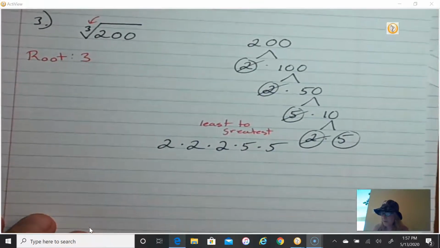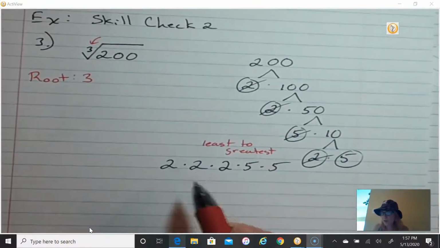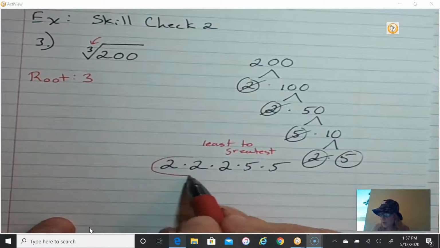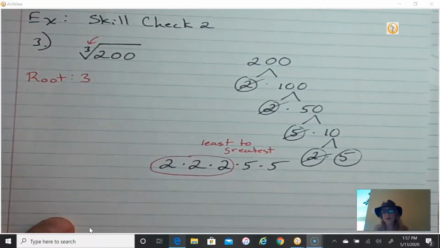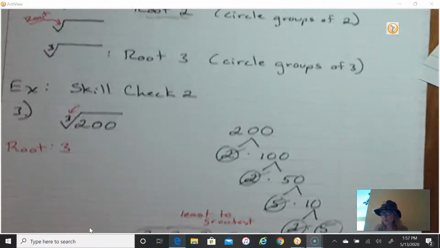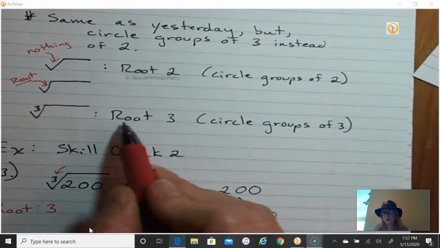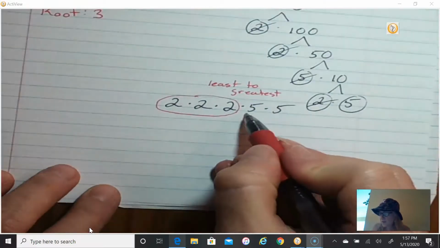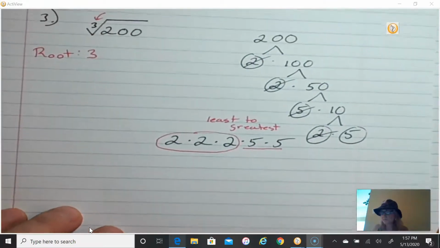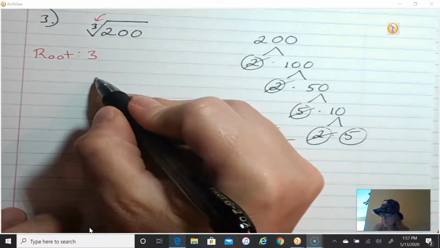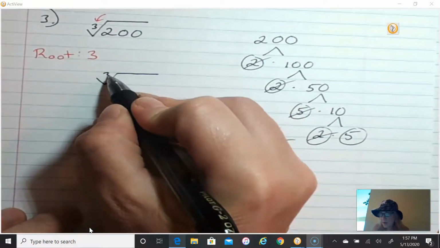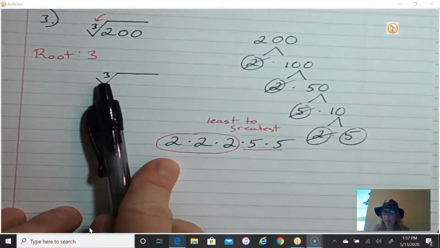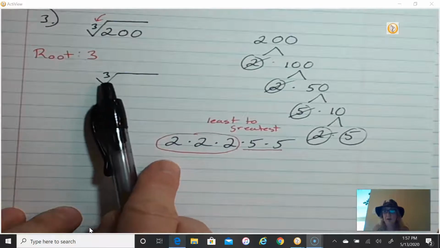circle. Okay, so I'm going to circle groups of 3. And here I have 3 2's. Remember, if there's a root of 3, you circle groups of 3. Okay, these are my leftovers. Always put the root there.